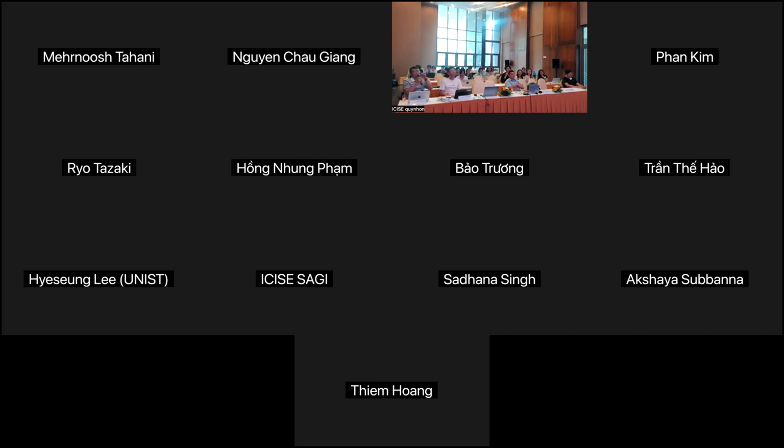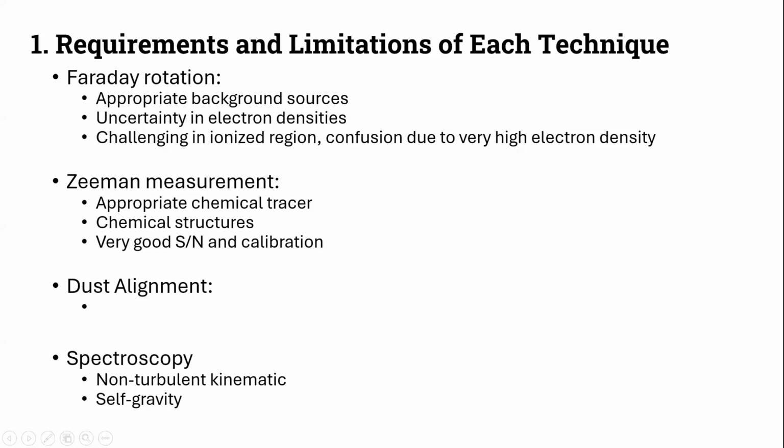So I would like to elaborate a little bit more. For the technique to derive 3D magnetic fields using dust polarization and grain alignment, we really need the dust properties. In terms of observation, the dust properties we can constrain are the grain size and also grain shape.